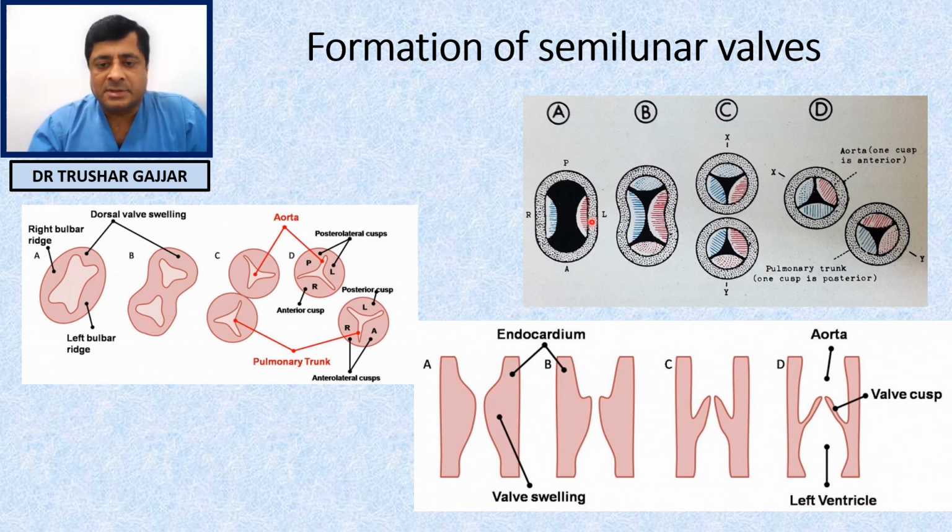These endocardial cushions are two lateral cushions and two anteroposterior cushions. These four endocardial cushions will form the semilunar valve, and the rotation will form the final structure of the semilunar valve.